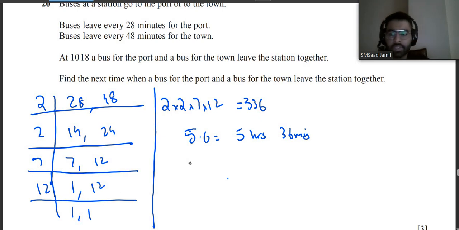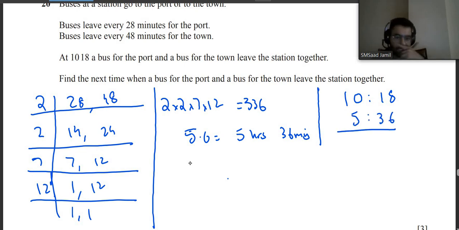So at 10:18 both of them leave together, the bus for the port and the bus for the town. And then after 5 hours 36 minutes they are going to leave together. So we are just going to add it. 5:36, we just add it to the time.